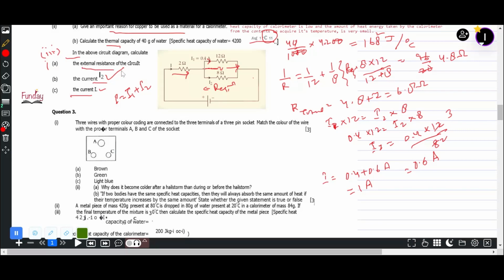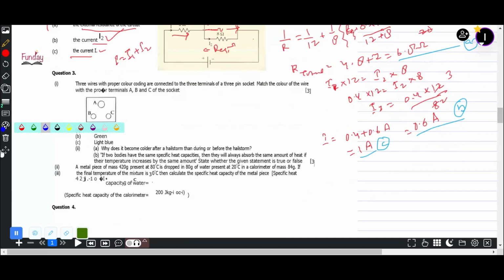And the external resistance is also answered, that is 6.8 ohm. So these are the three answers of this question: this is 1, this is 2, and this is 3. So this is A, this is B, and this is C. I'll be glad to answer in case of any questions. You can always write to me in the comments.